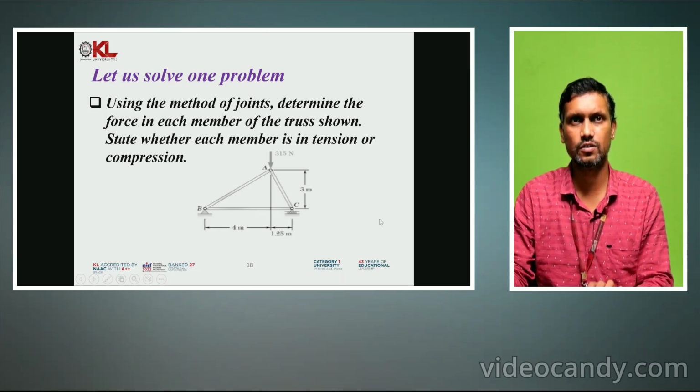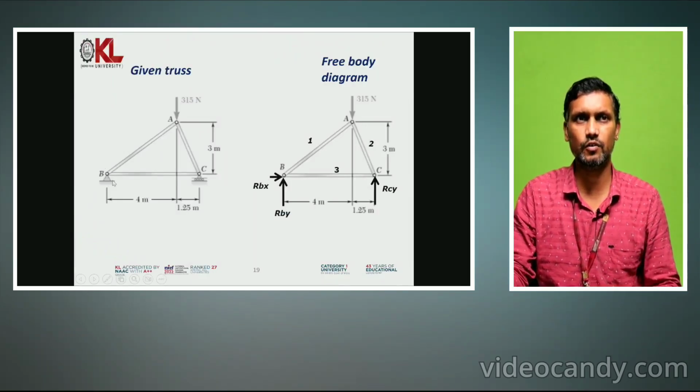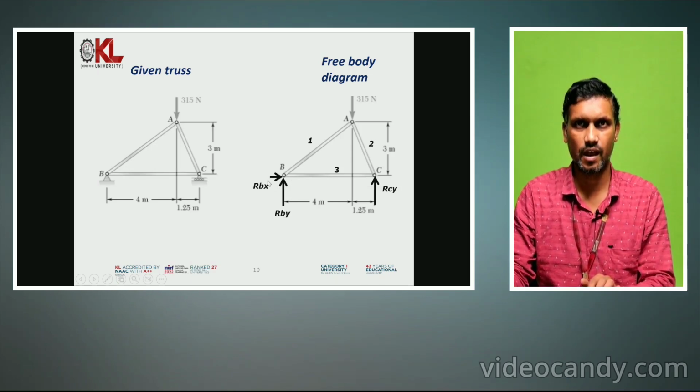How? First of all you will remove the supports and make a free body diagram, means remove the supports and apply the forces. Different types of supports will give different types of forces. Some will give only one direction, some will give both directions. A hinge support will give you forces in x and y both, whereas a roller will give only a normal direction force.